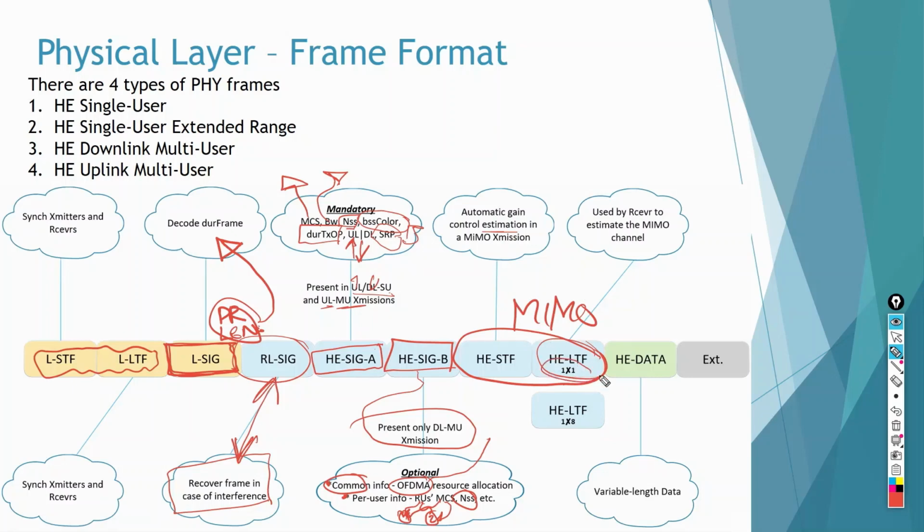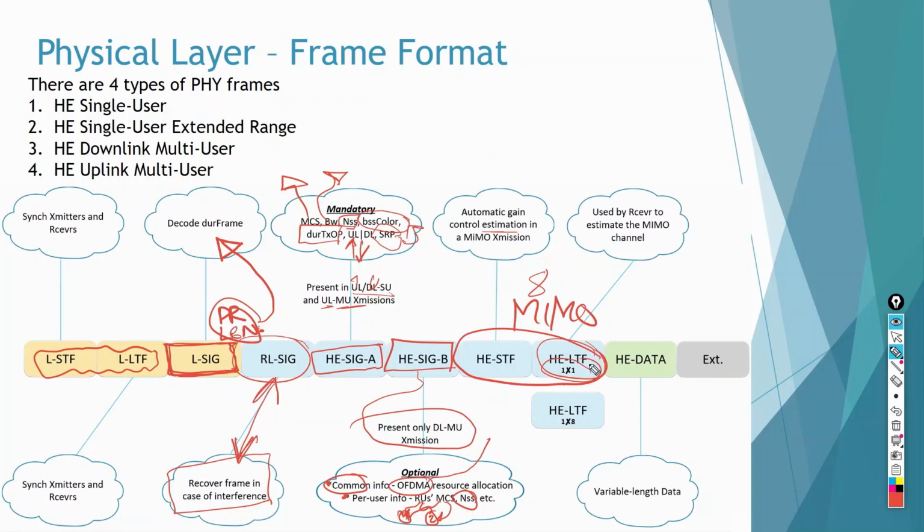Also here, notice that we might have one LTF or two LTFs, all the way up to a maximum of 8 LTFs. Basically, 11AX supports up to 8 MIMO or 8 antennas.